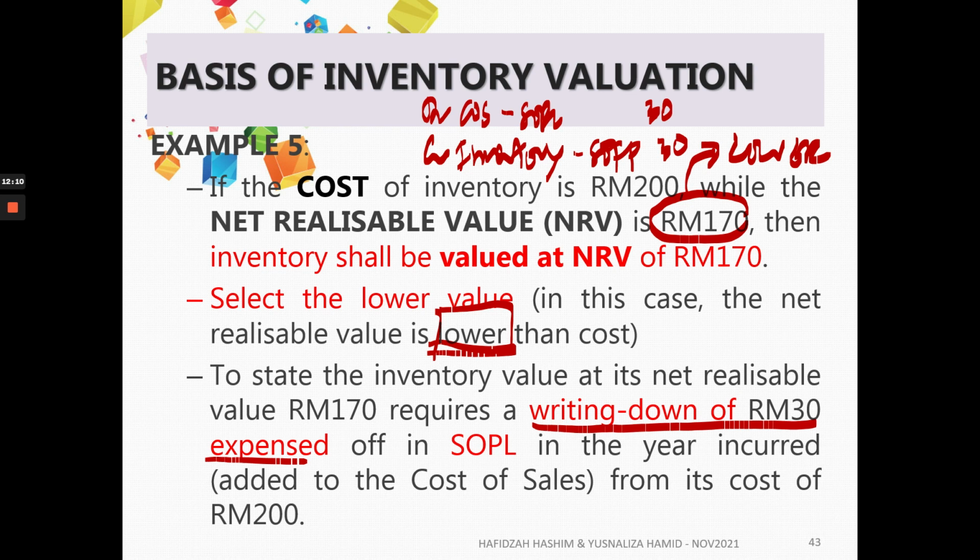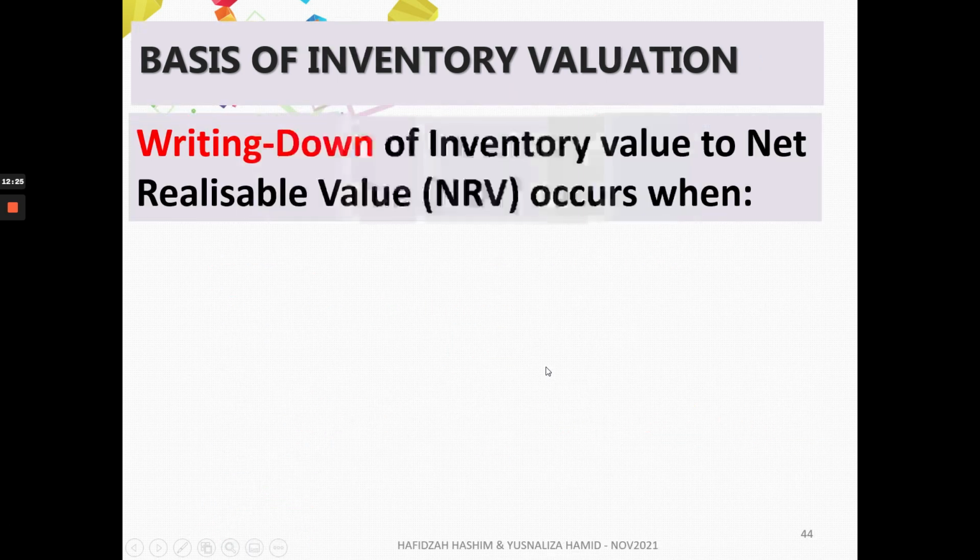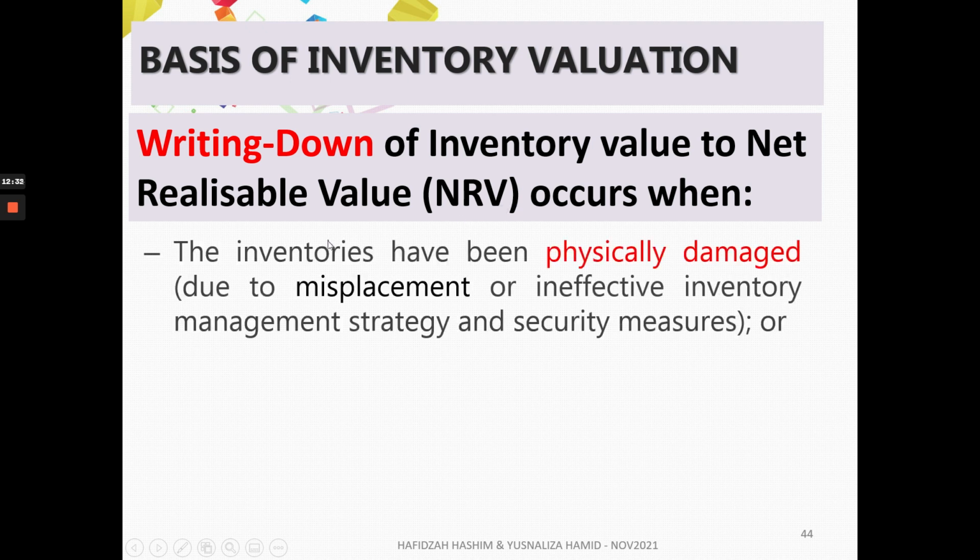And with that, your inventory is now reduced from 200 down to 170, which means that it is now stated at the net realizable value. Writing down of inventory to the net realizable value normally occurs when inventories were physically damaged, let's say due to misplacement, ineffective inventory management strategy, or maybe some ineffective security measures.